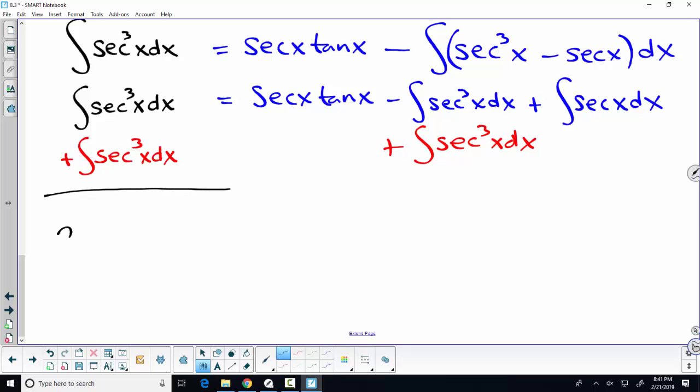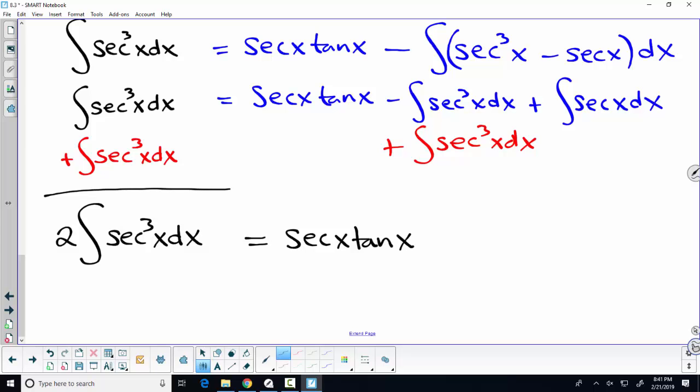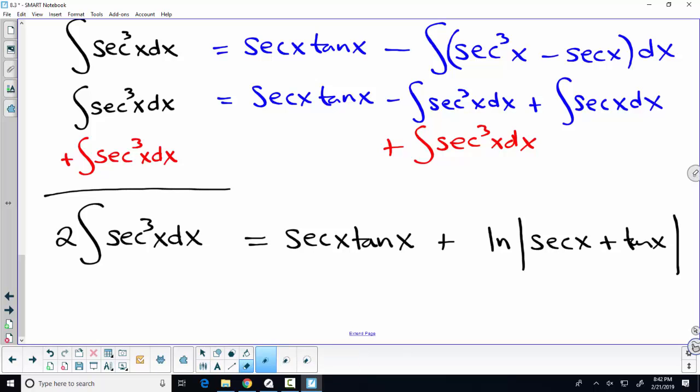So we end up with two of these now, two antiderivative secant cubed equals secant times tangent plus the antiderivative of secant, which is natural log absolute value of secant plus tangent, plus c, wherever that goes.